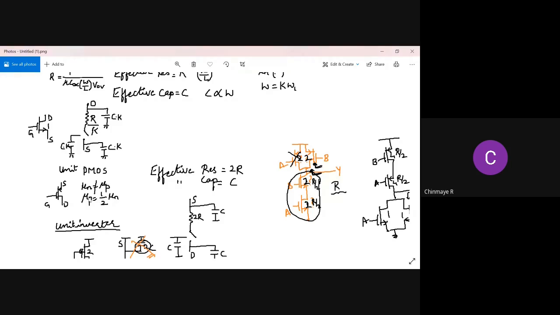So therefore, now since mu p is half mu n, I can represent the effective resistance of the unit PMOS as 2 times R. And since the capacitance of this is directly proportional to the width, capacitance can be represented as C itself. So even here, if you scale PMOS by K times, then the resistance of the PMOS gets scaled down by K, that is it becomes 2R by K, and the capacitance gets scaled up by K.